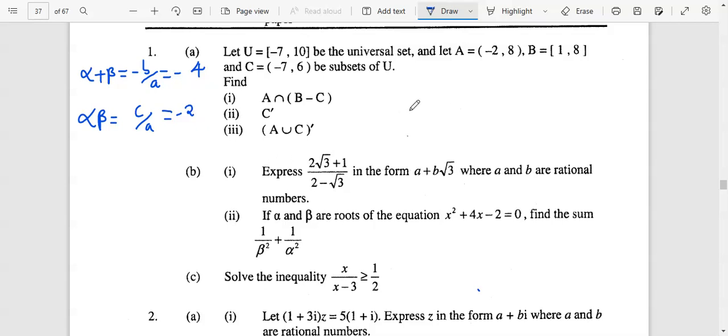So we can now go on and find 1 over beta squared plus 1 over alpha squared. Just cross multiply, that is going to be alpha squared plus beta squared, divided by alpha squared beta squared, which we can also write as alpha beta squared.